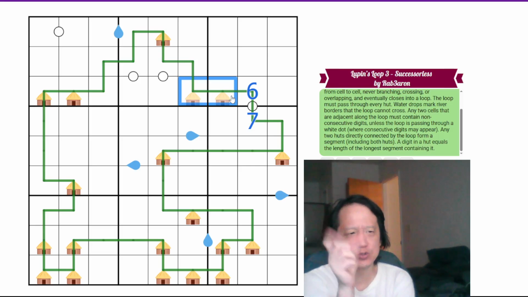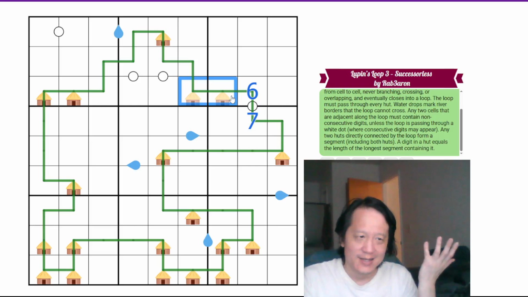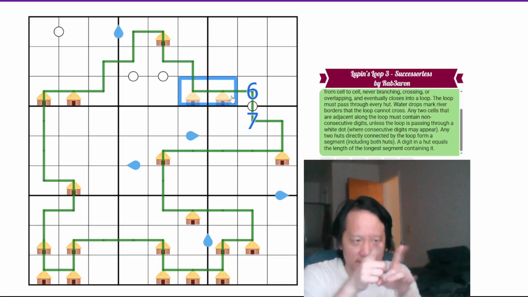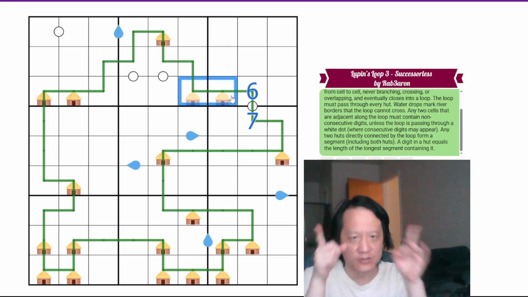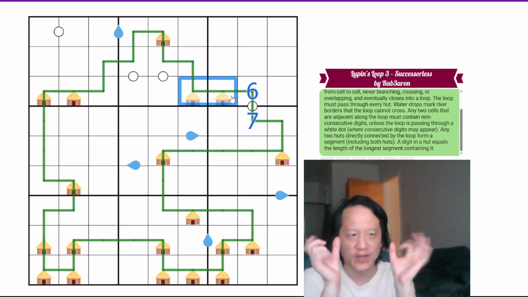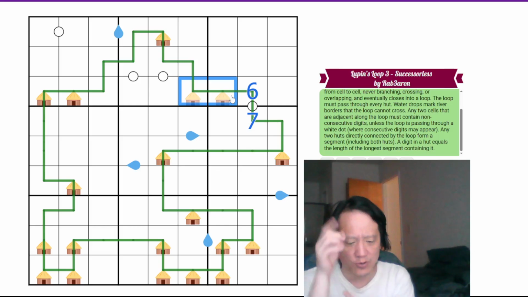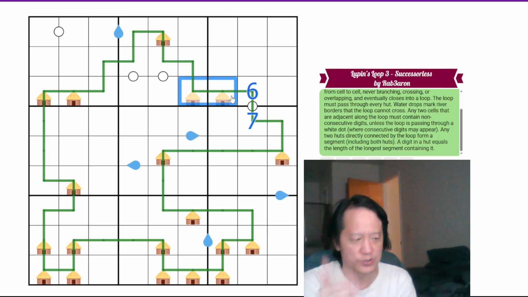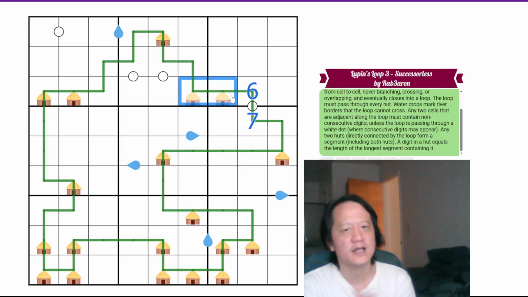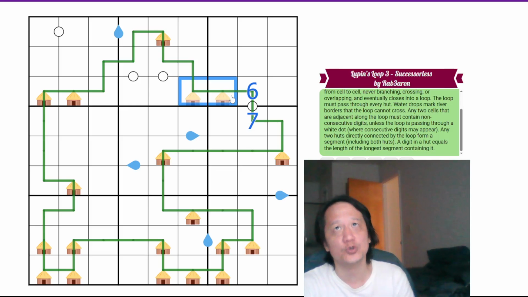Yeah, because it's 2 cells, right? So technically the length of the actual segment is only 1, but I think it basically counts the number of cells that the segment goes through. And so I think it has to be 2 in this case.